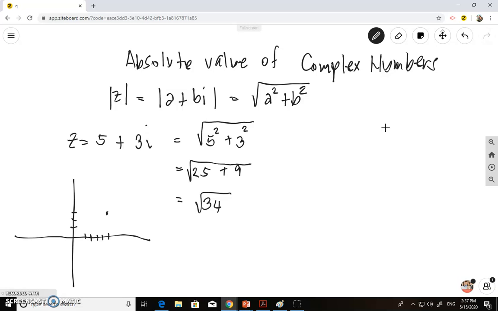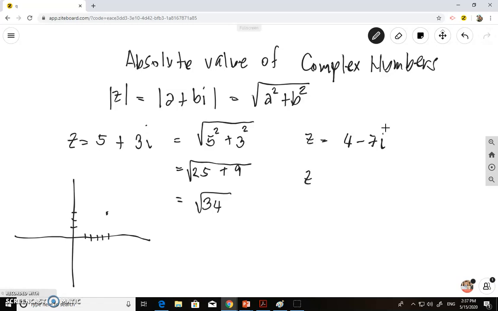Another example, given z equals 4 minus 7i. So where can we find this? This point is in quadrant number 4, which has a positive and a negative sign.